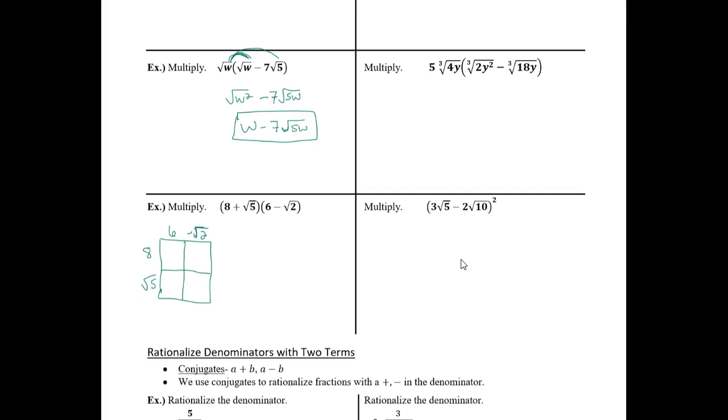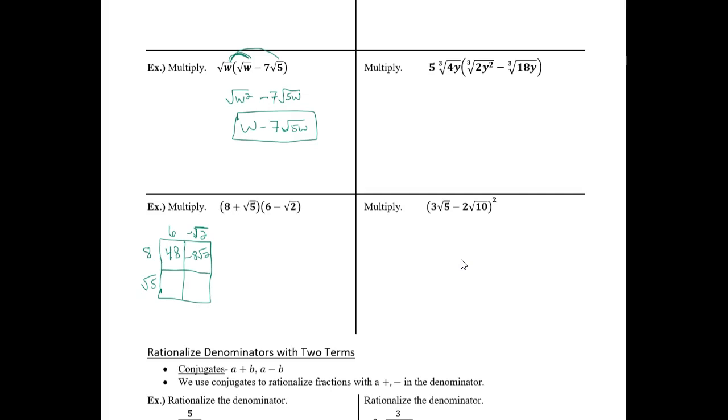We multiply 8 times 6 and get 48. We multiply 8 times the negative square root of 2. 8 is not under a radical, 2 is, so they have to stay separated. So we take 8 times the negative 1 and get negative 8 square root 2. 8 was outside, stays outside, 2 is underneath, stays underneath.